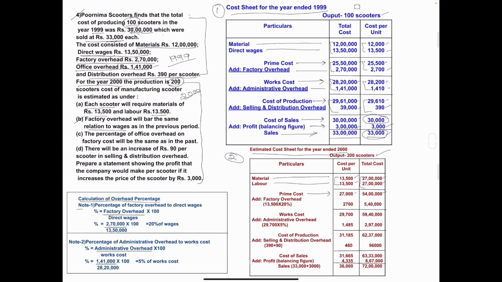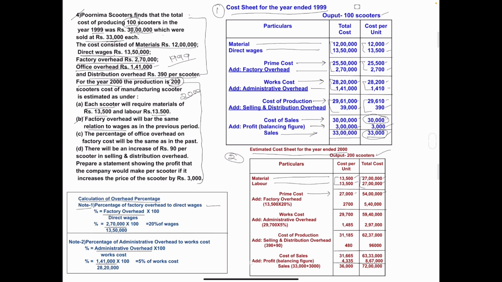In that, note number 1, percentage of factory overhead to wages. For that, one formula is that percentage is equal to factory overhead into 100 divided by direct wages. Or you can write like this, percentage is equal to factory overhead divided by direct wages into 100.